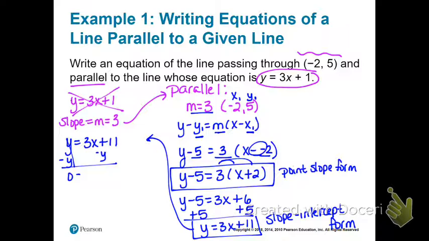So we get 0 equals 3x minus y plus 11. Some things to be careful of: you should have no fractions. If you have fractions, multiply everything by the denominator, and that first value should be a positive number. If it was negative, multiply everything by -1. And so this is that general or standard form.